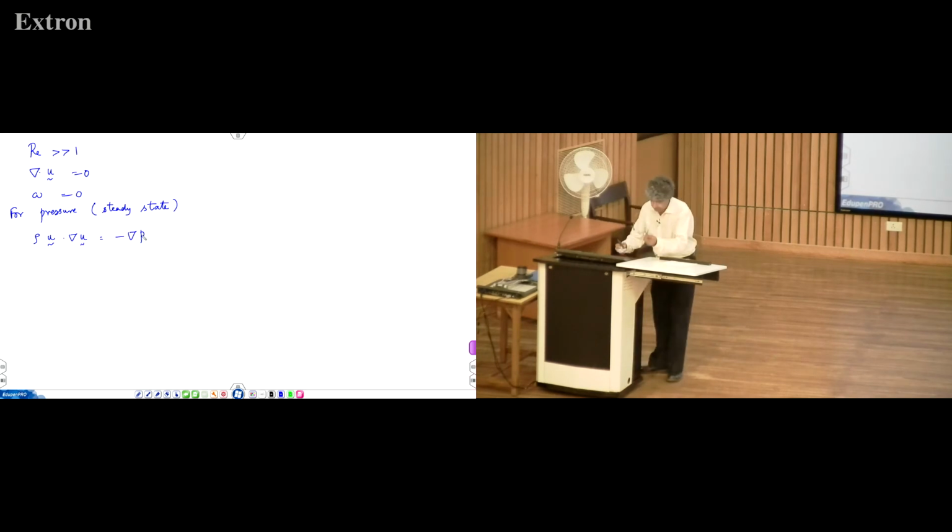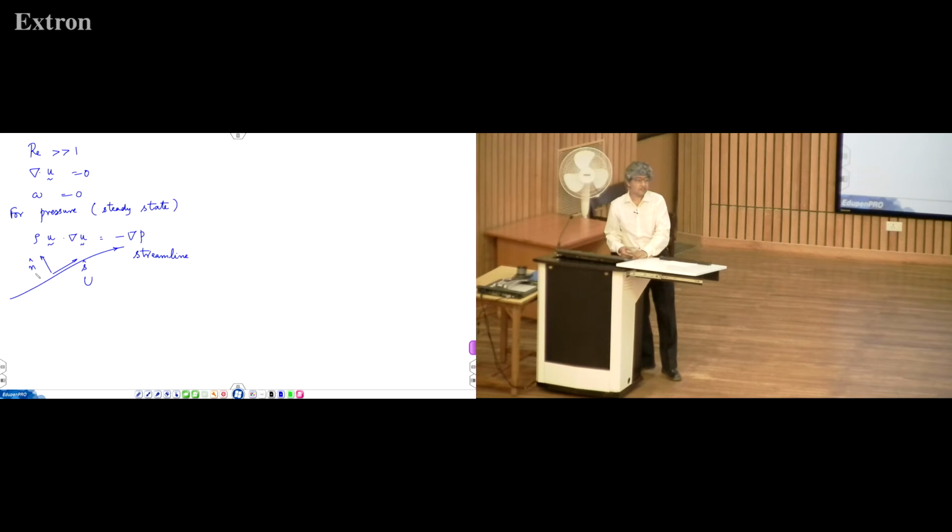Okay. So, this calculation is carried out. Let us say this is the particle or the fluid path or the streamline in our discussion. And let us say this is the s direction and this is the normal direction. So, the velocity component parallel to s is capital U. And what is the velocity component in the normal direction?